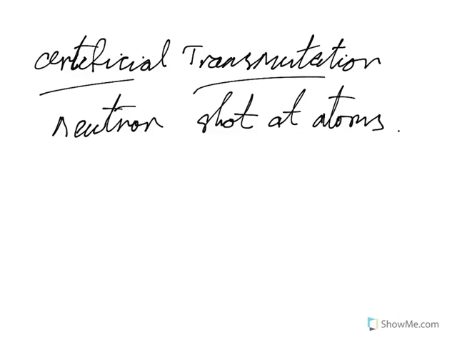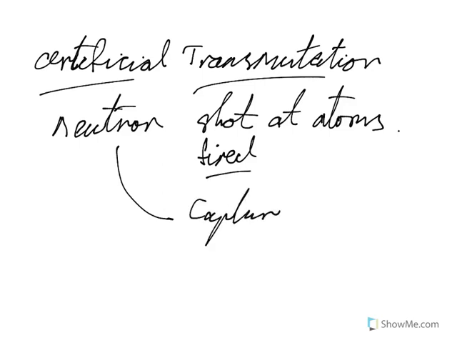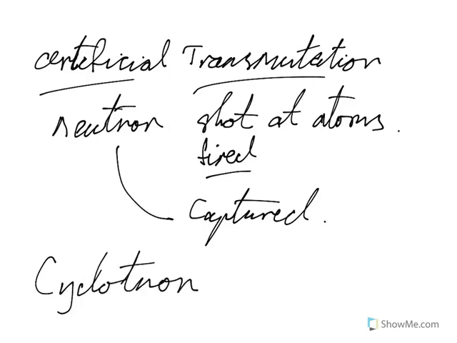All right, so as it says there, essentially neutrons are fired at an element, and that neutron then, so its missing word, is captured. All right, and so when that's captured, it then creates a radioactive material, and the machine that's used to do that is a thing called a cyclotron.